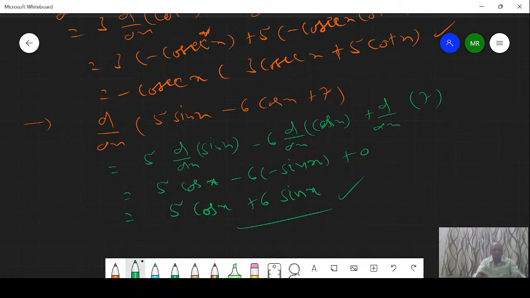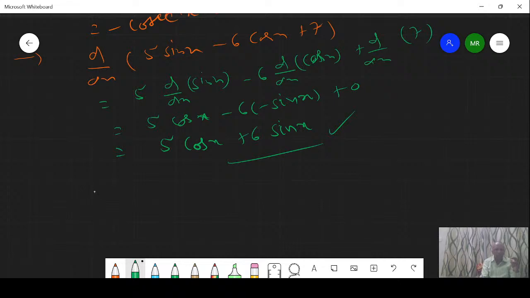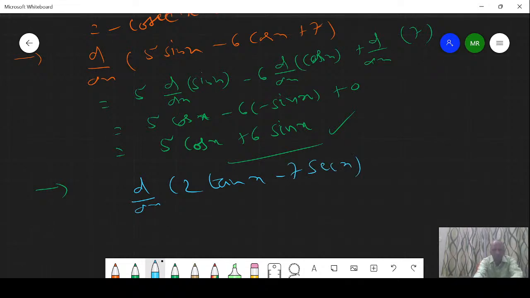Next one, d by dx of 2 tan x minus 7 secant x.